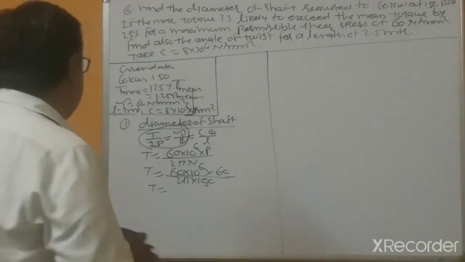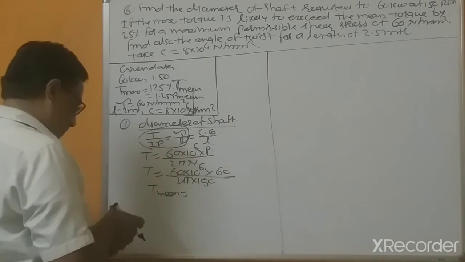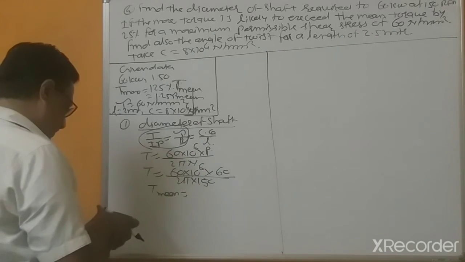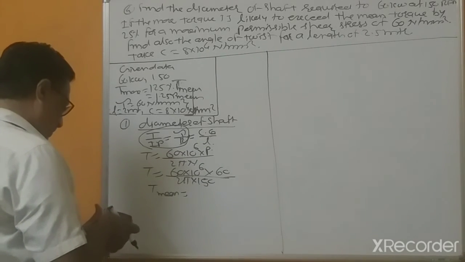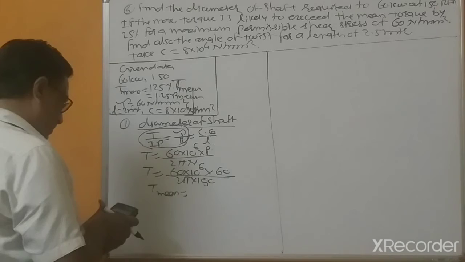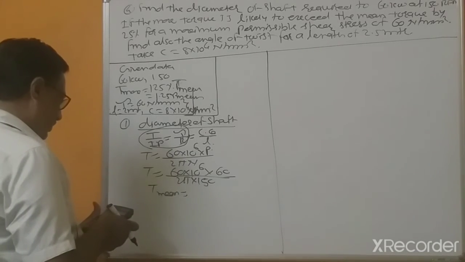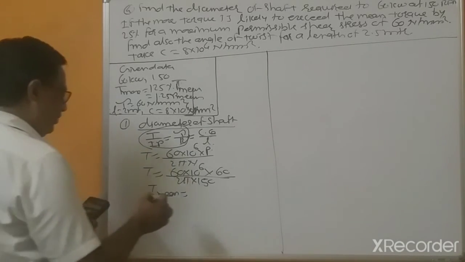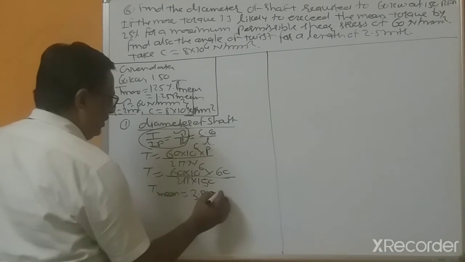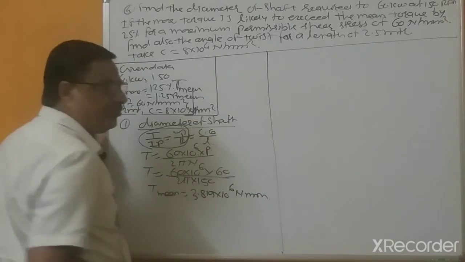So this is mean torque. 60 into 10 to the power 6 multiplied by 60 divided by 2 pi divided by 150, and this is equal to 3.819 into 10 to the power 6 Newton mm.